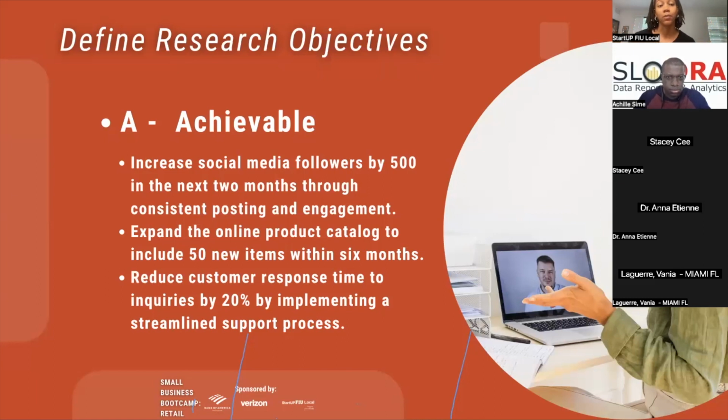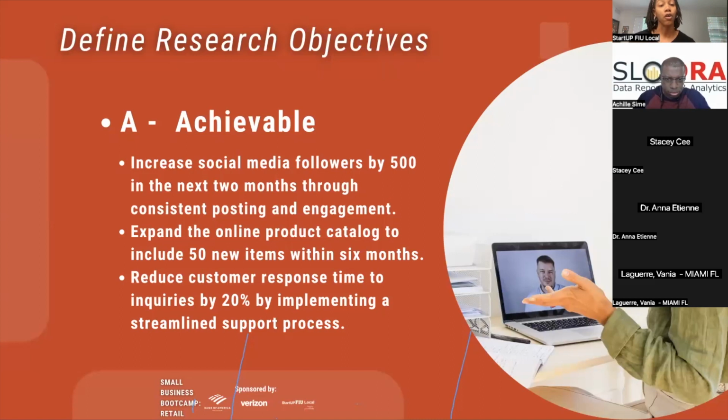So maybe it's as simple as increasing your social media following, or it could be expanding an online product catalog. If you came to Metadate, we talked extensively about the benefits of doing cataloging for your digital stores. Or you need to reduce your customer response time if you have a more service-based business where communication and turnaround time of that communication is important, by implementing a streamlined support process.